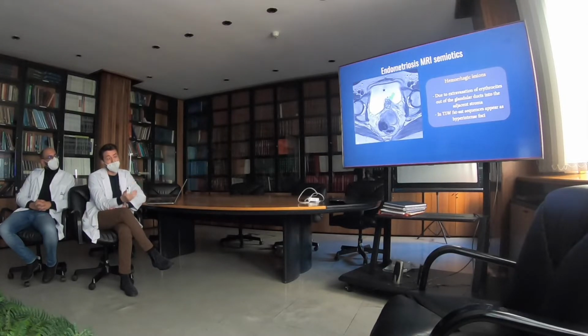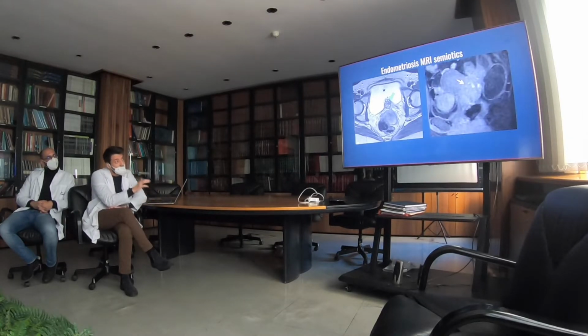Meanwhile, the hemorrhagic lesions are due to extravasation of erythrocytes out of the glandular ducts into the stroma, and are visible in LAVA sequence as hyperintensity. Here we can see a case of a lesion in the retrocervical space that obliterates the posterior fornix and also infiltrates the anterior wall of the rectum.